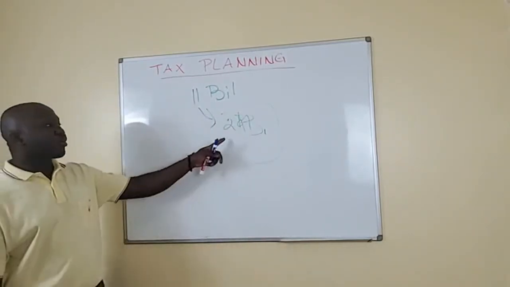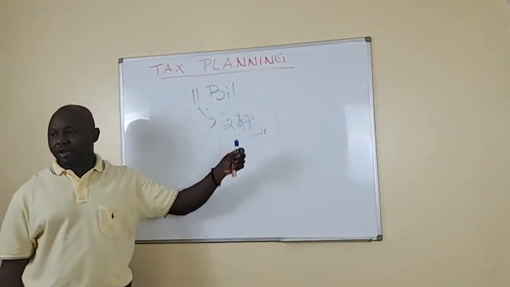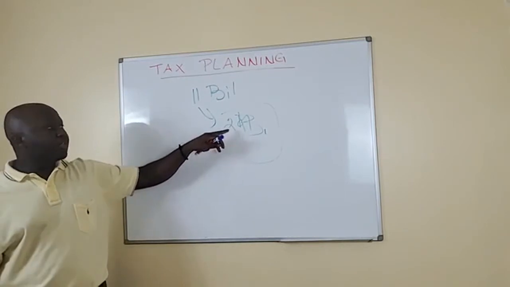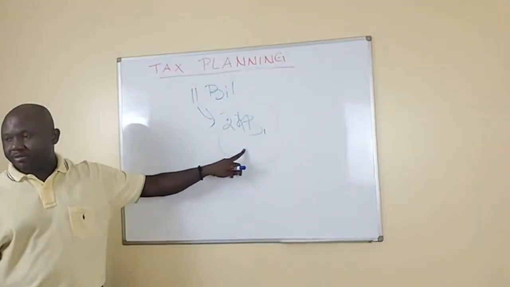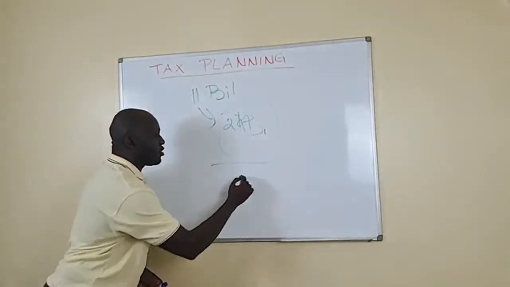But you came up with credits. Credits deduct directly, dollar for dollar, from your tax bill. That means if you have a credit of 2 billion, then your tax becomes 0.